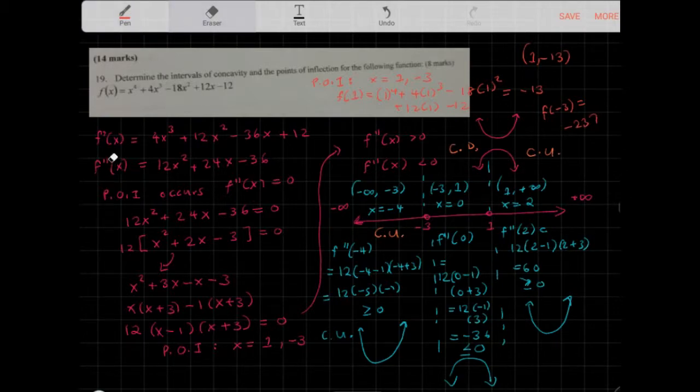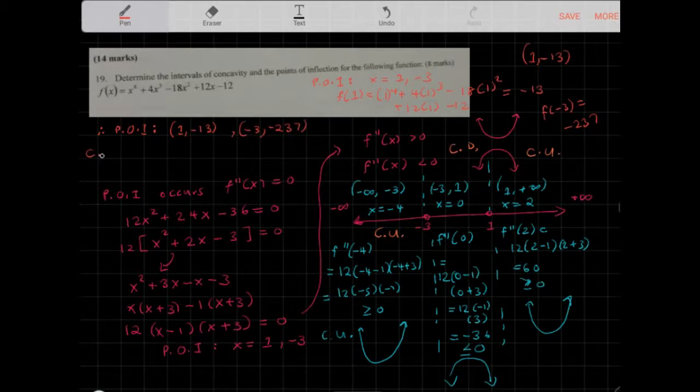So just to summarize all of this, the points of inflection are going to be (1, negative 13) as well as (negative 3, negative 237).